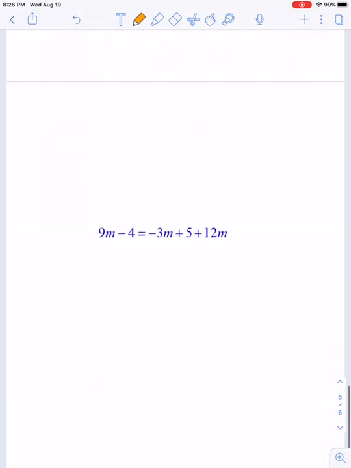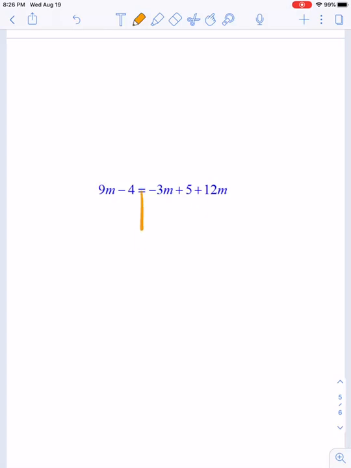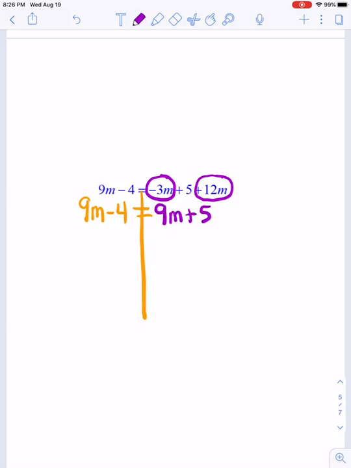On the flip side, if I solve this equation here, again, simplifying both sides, the left-hand side is already simplified as much as it can be. The right-hand side, it looks like I can combine like terms. I have m's, negative 3m and a positive 12m gives me a positive 9m plus 5.